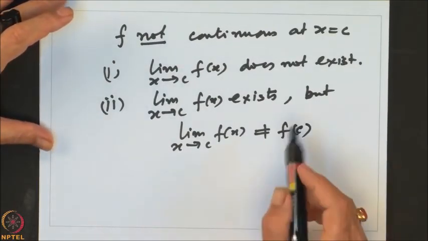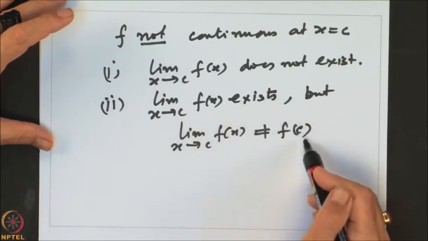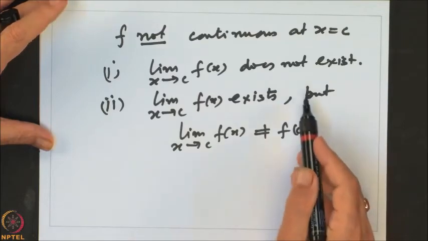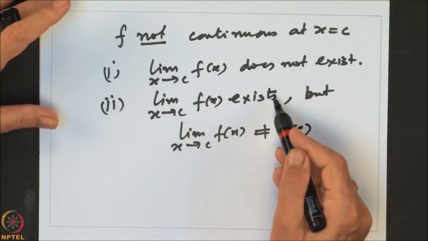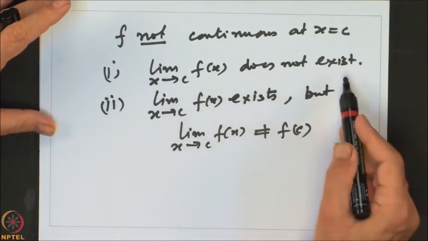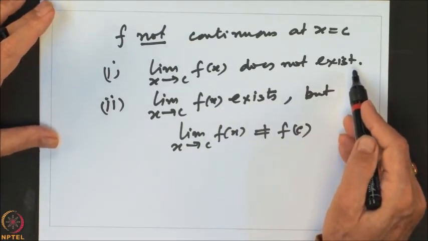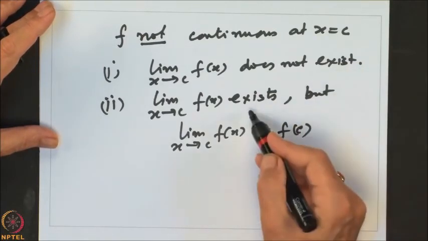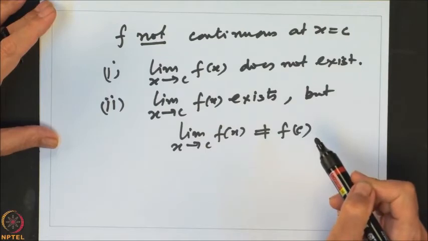Continuity said that the limit should exist and should be equal to the value of the function at that point. So, the way this may break down is, one possibility, the limit does not exist at all, so no question of saying it is equal to the value of the function. The second possibility is the limit exists, but is not equal to the value of the function at that point.